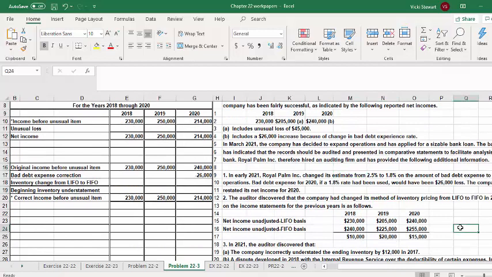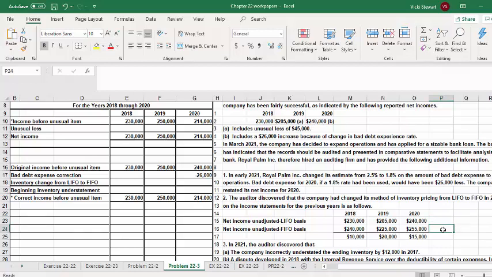The next item is the change in the method of inventory pricing from LIFO to FIFO in 2021. So we know that when we make a change in accounting principle from one inventory pricing method to another, that does require us to use retrospective treatment. So our net income that we see here is what was originally reported using LIFO.